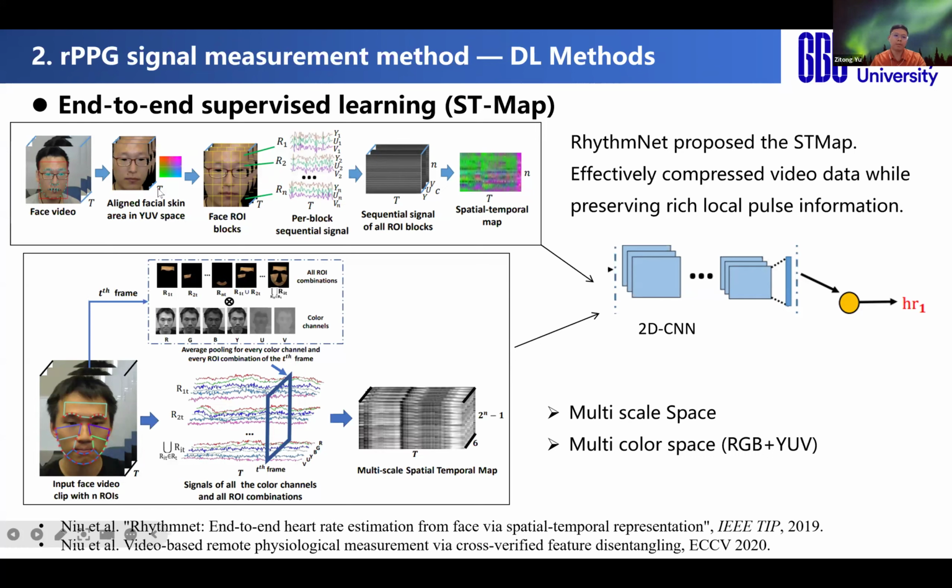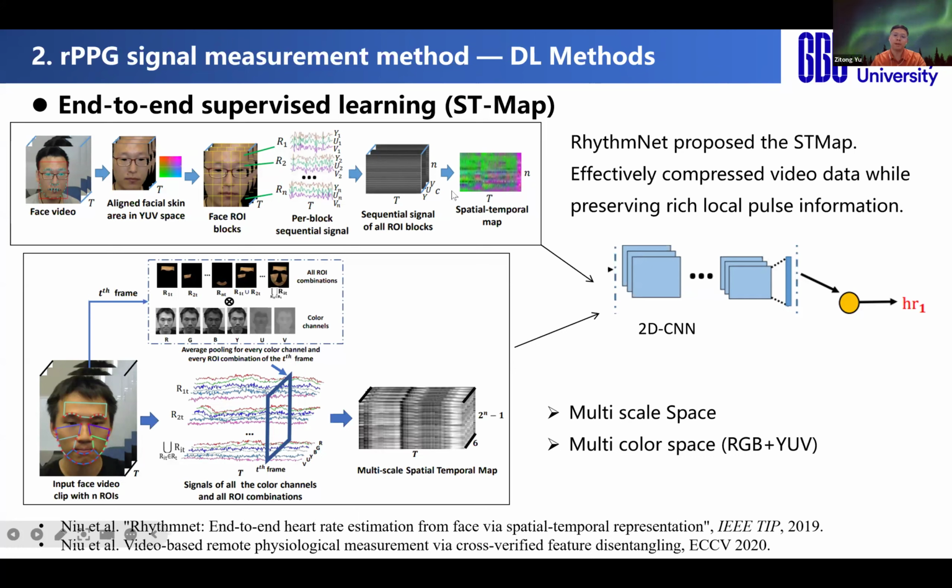First, they do face detection for the face region, and after that they divide the face region into n by n blocks, and for each block they do average pooling, and they can get n by n RPG signals, which are transferred into the YUV color space. So they can get a spatial temporal map.